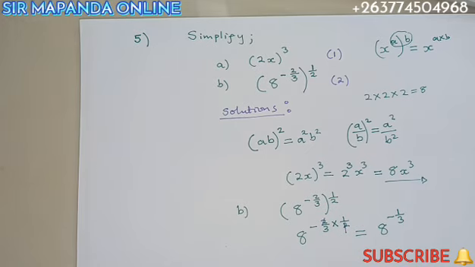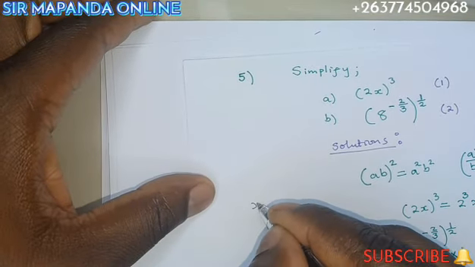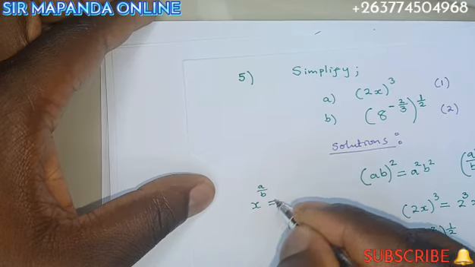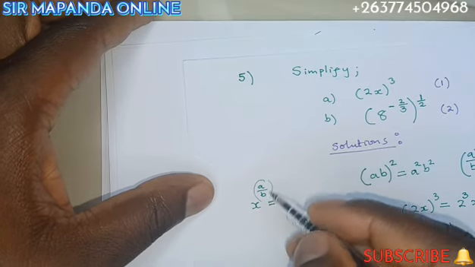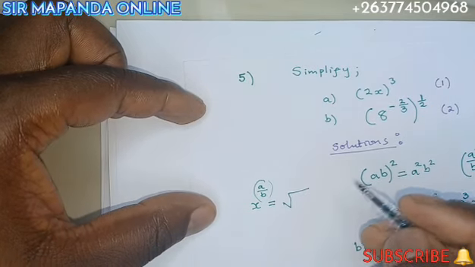When we get to this stage, we apply the fractional indices law. The fractional indices law says that when the power is a fraction, it means there is a root sign. If we have x to the power of a over b, you notice the power is a fraction, which means there is a root sign.